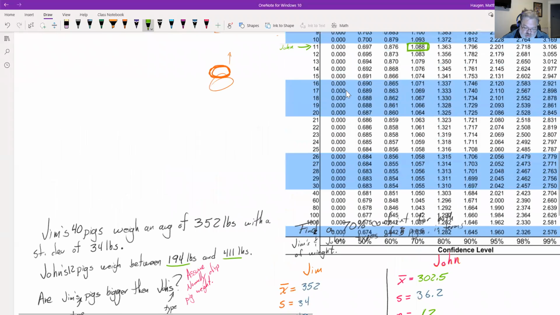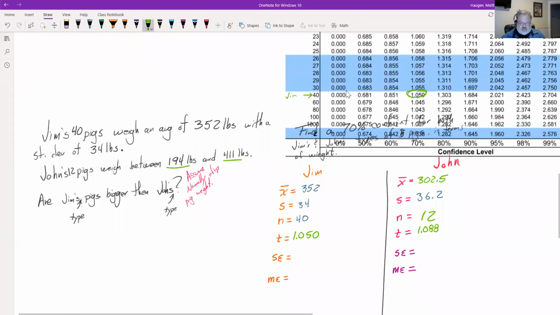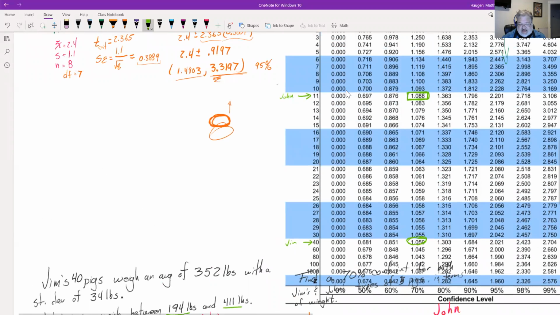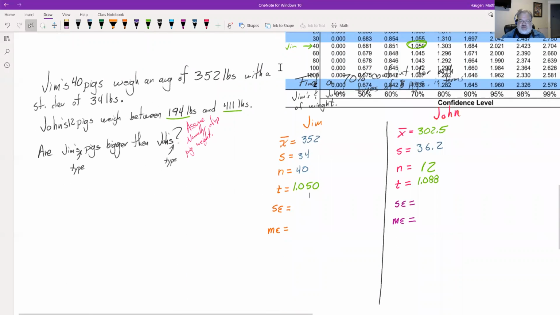While for Jim, we have to go down to, well, there is no 39, right? So we're going to just use the 40, and it's 1.050. So quite a bit smaller because of the larger sample size. Both of those are fairly small for critical values, but that's because we're only trying to be 70%.